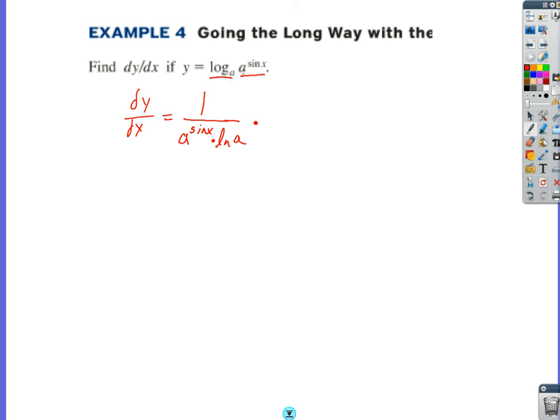Again, recall: that is the natural log of a times a to the sine x times the derivative of sine, cosine of x. Whew. You may have noticed, with all this multiplying and dividing, the ln of a's cancel out, the a to the sine x's cancel out, and all I get left over is cosine of x, which is kind of cool.